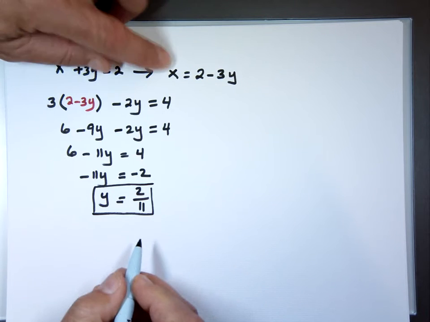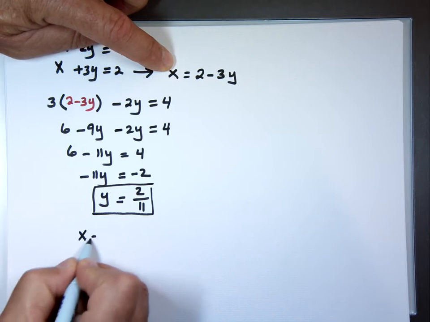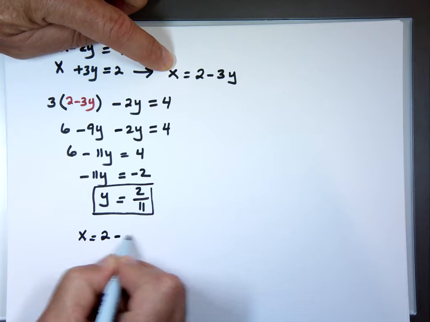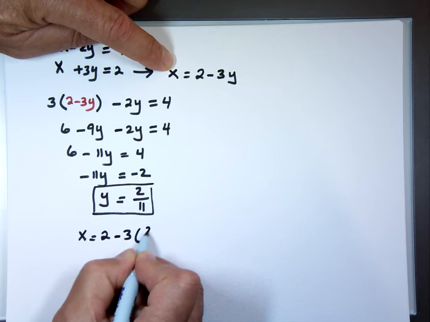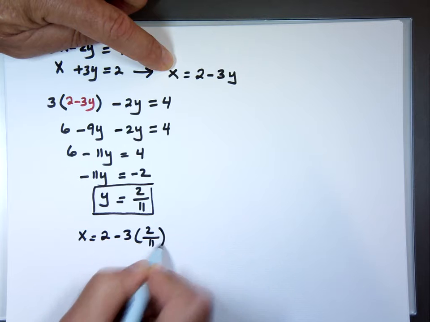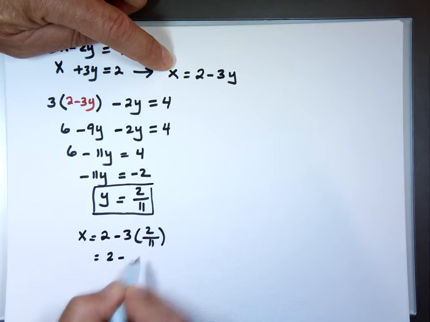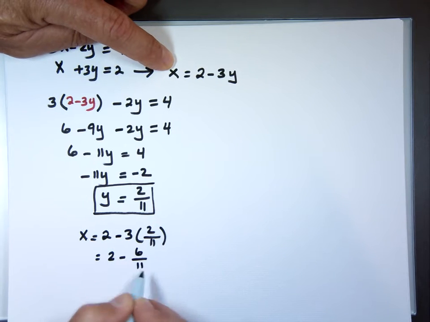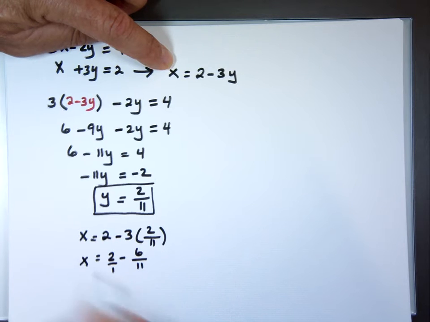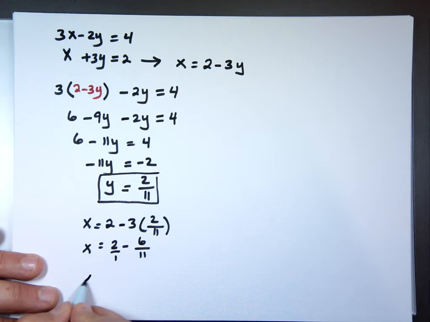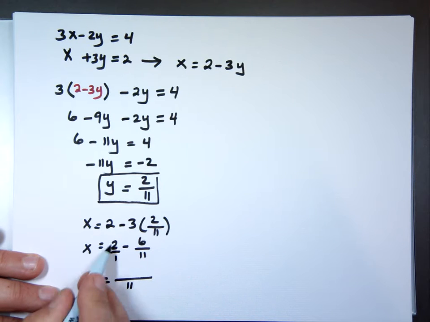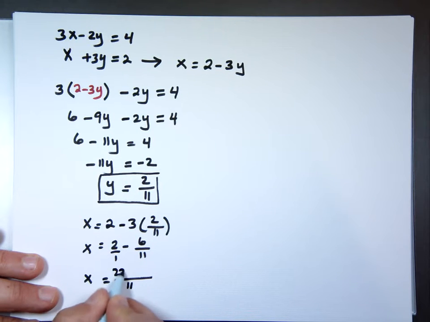Let's grab this one. 2 minus 3 times 2 over 11. 2 minus 6 over 11. Again, that's 2 over 1. Your LCD is 11. 2 times 11 is 22 minus the 6.